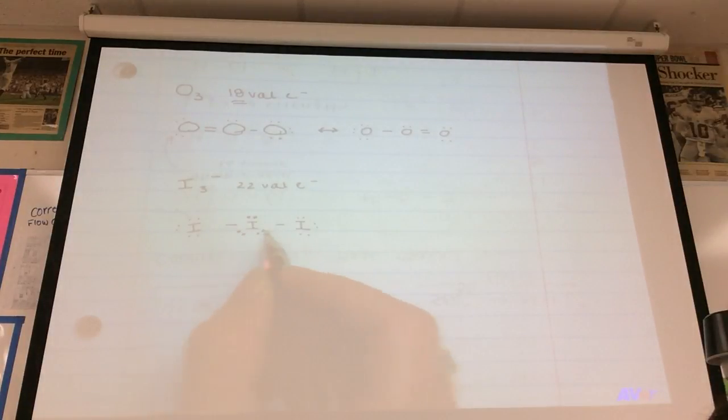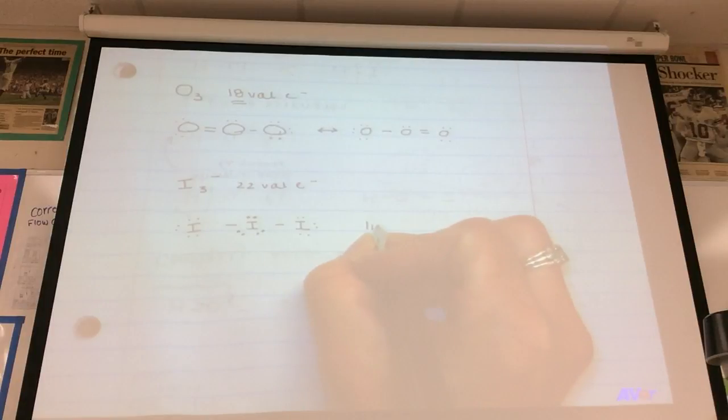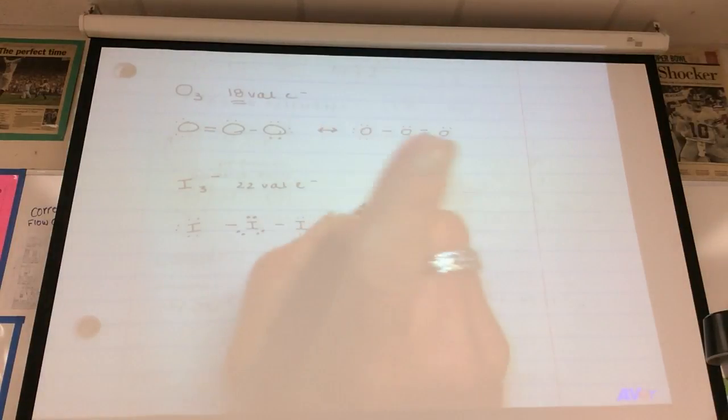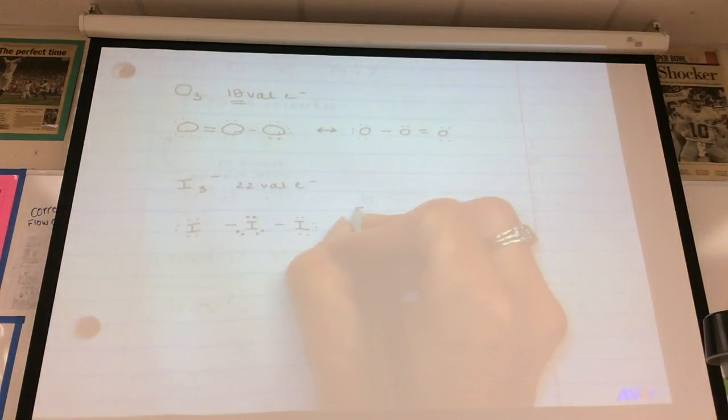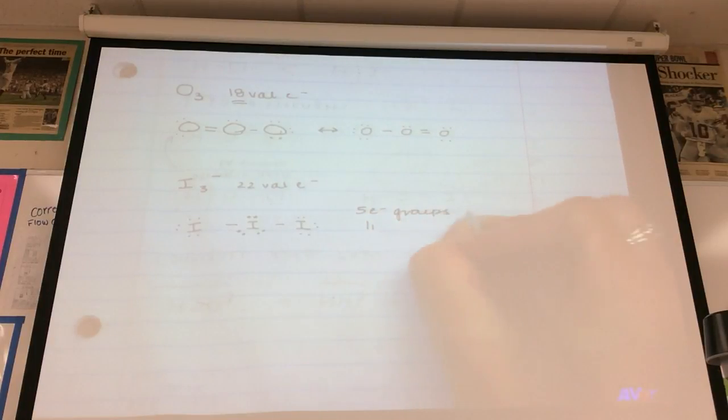You have 2 bonds, 3 lone pairs. So the electron group geometry here, you have 5 electron groups, so the electron group geometry is trigonal bipyramidal.